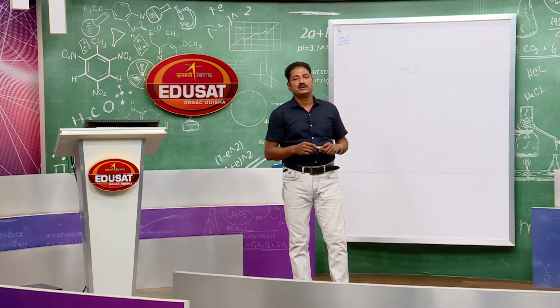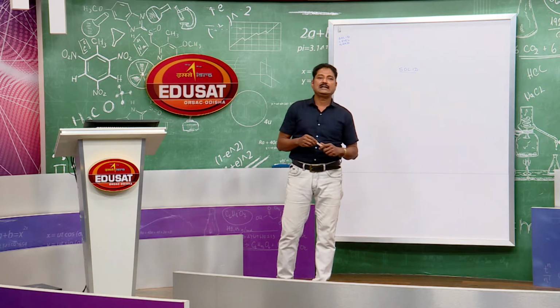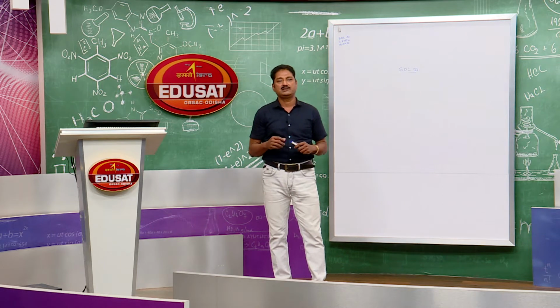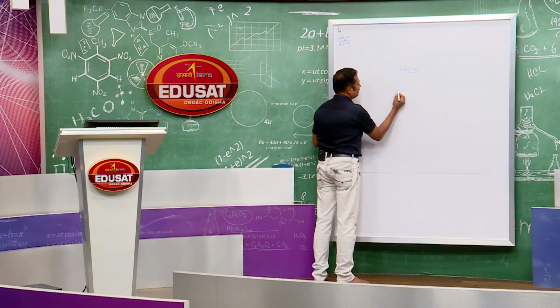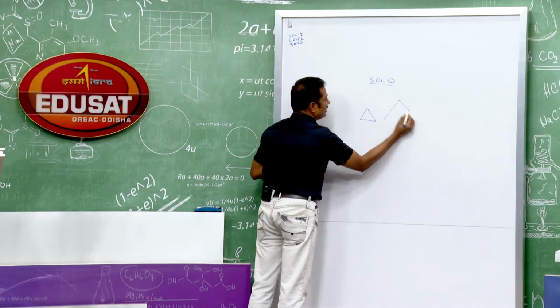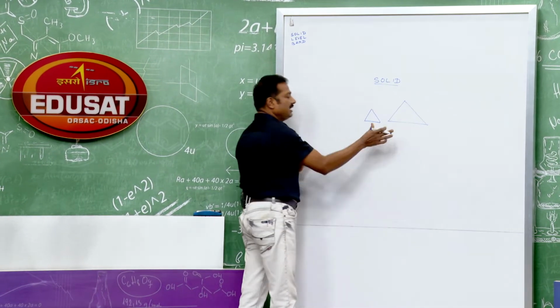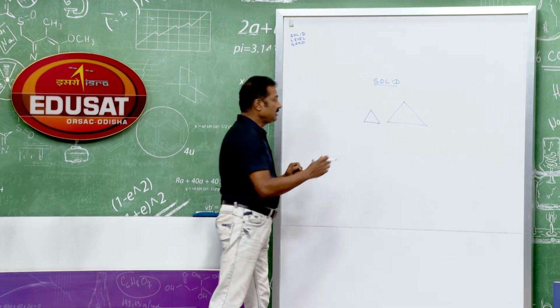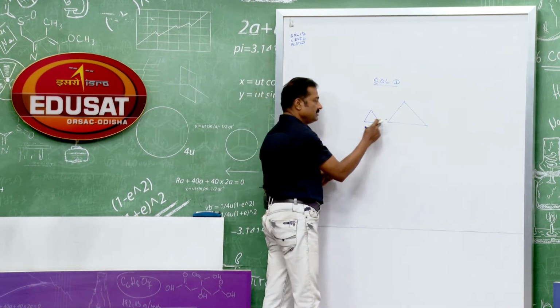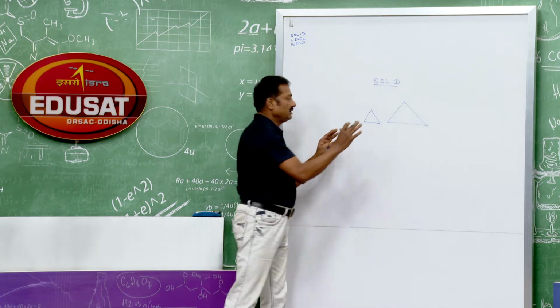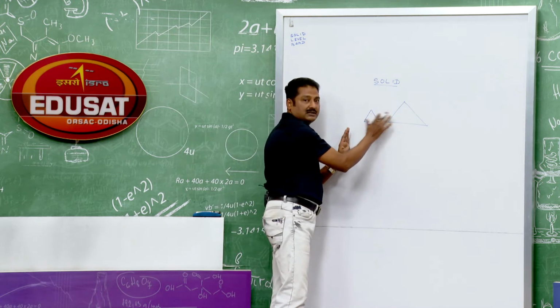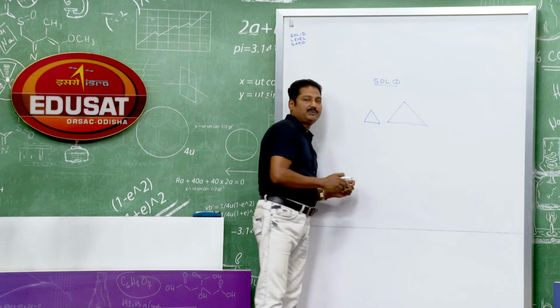As you know, the solid structure is such that it has a definite shape. Shape and size are different things. Suppose two triangles are there, they have the same shape, but this one is bigger in size and this one is smaller in size. So, shape means the akruti; they have the same shape but different size.